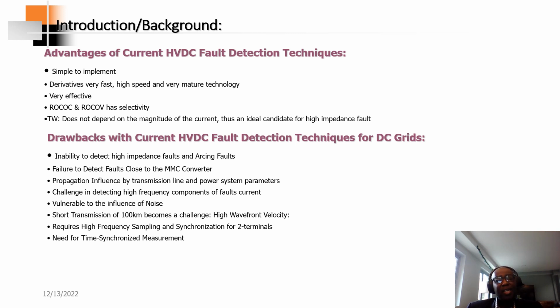Also, because there's a need for time synchronization, especially with differential protection where you need to timestamp both ends of the signals being detected and measured, it results in additional time lag and delay. Also, complex digital processing and computation increases the computational time when you have two terminals or more.